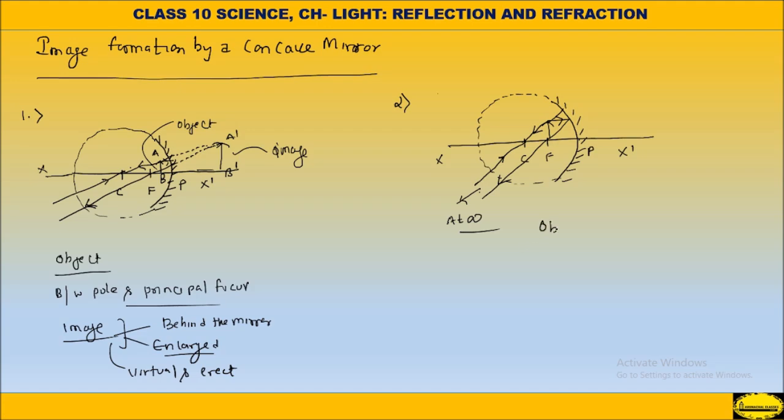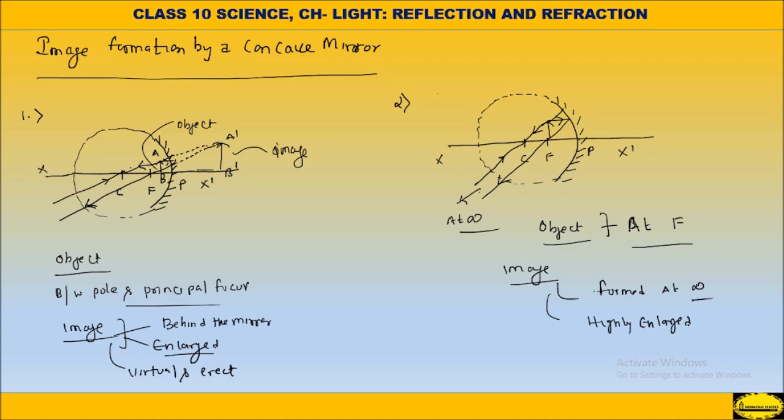So what we have done, we have placed the object at principal focus. And what about image? Image is formed at infinity, and the size of image is highly enlarged.